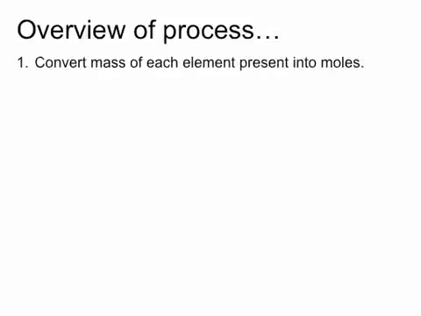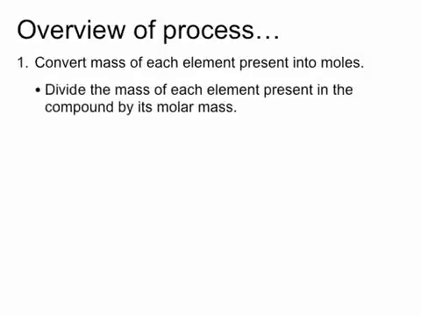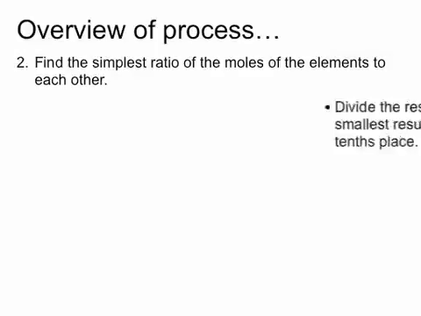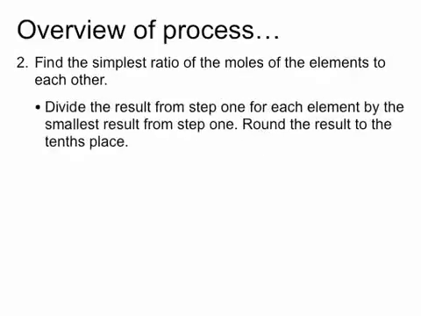Determining the formula of a compound involves the following process. First, we have to convert the mass of each element present into moles. We do this by dividing the mass of each element present in the compound by its molar mass. Secondly, we find the simplest ratio of the moles of the elements to each other. We do this by dividing the result from step 1 for each element by the smallest result from step 1.